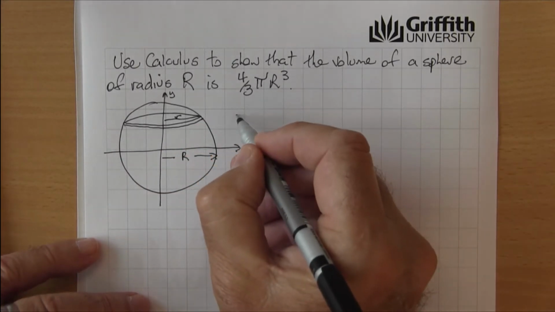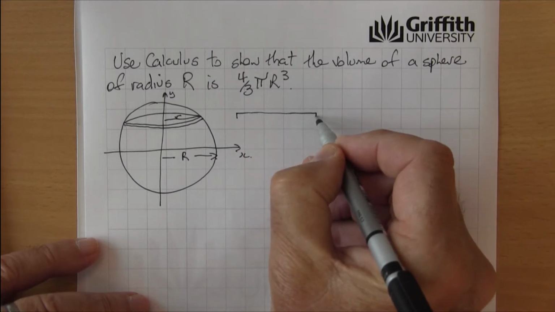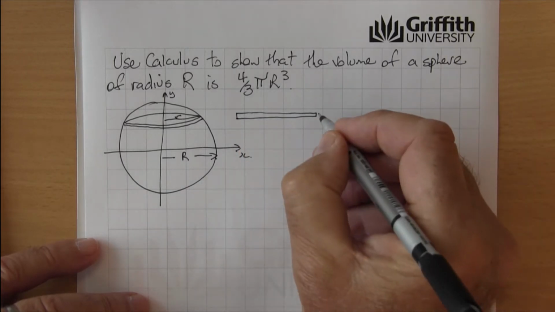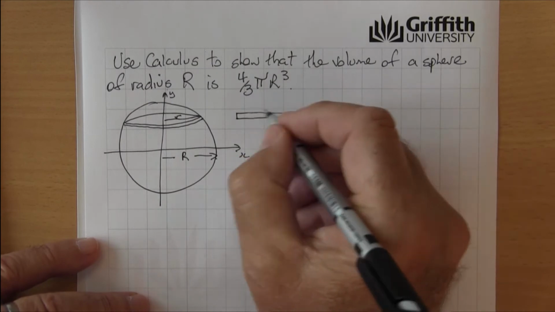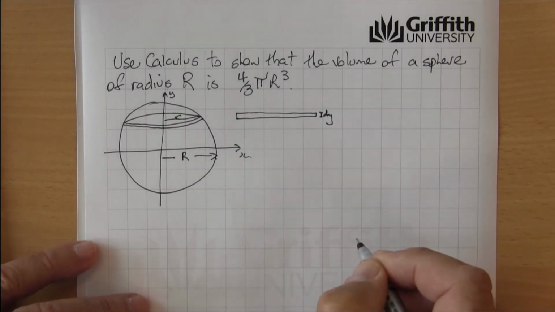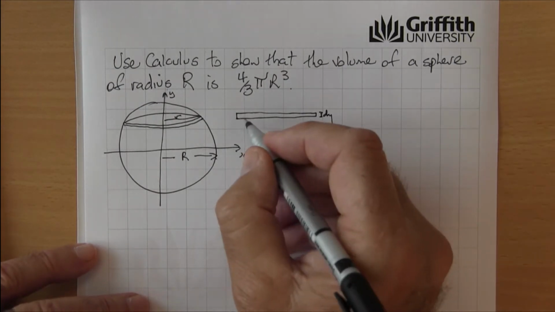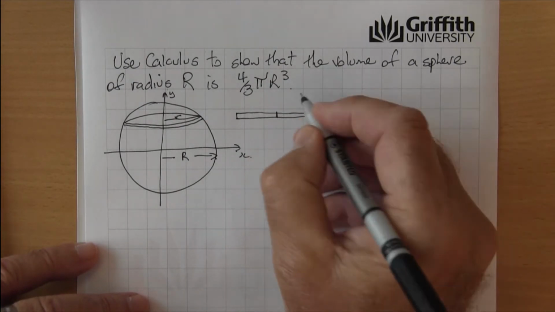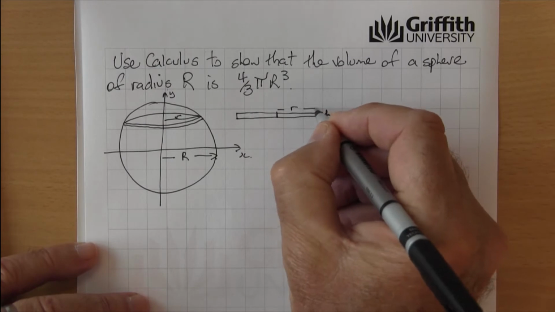So if I just look at that, because that's on the y-axis, this will be dy, a small increase in y, and this has a radius of little r.